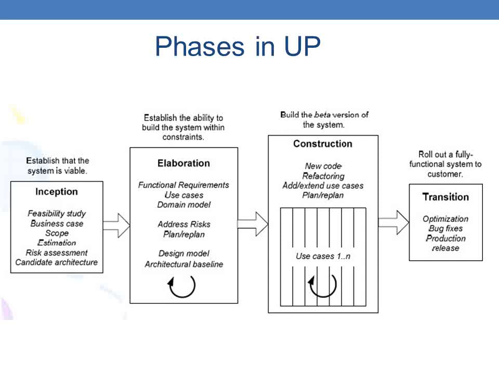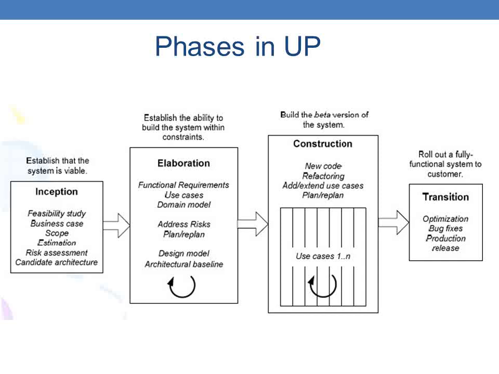So inception means establish that the system is viable. That includes the feasibility study, business case, scope, estimation, then risk assessment, candidate architecture. In the same way, elaboration means establish the ability to build the system within constraints.